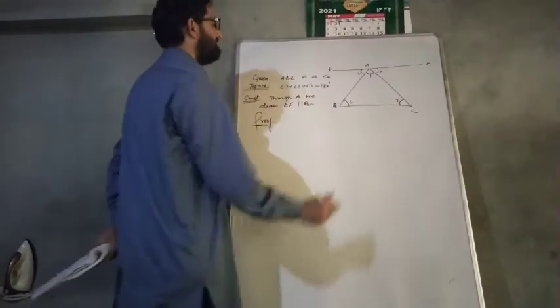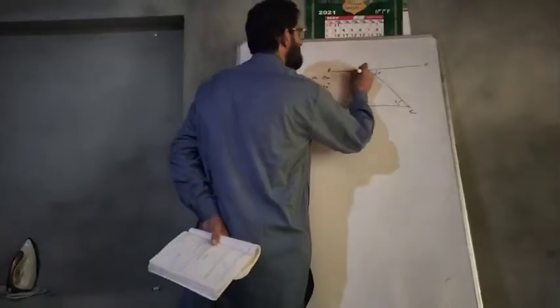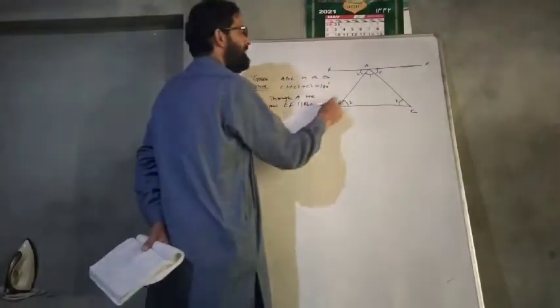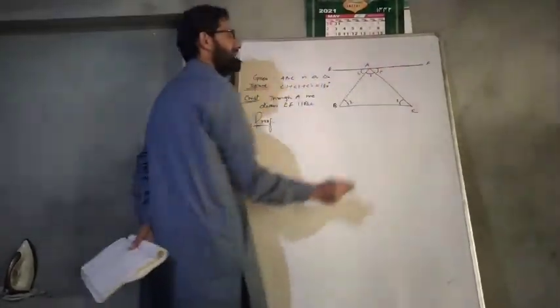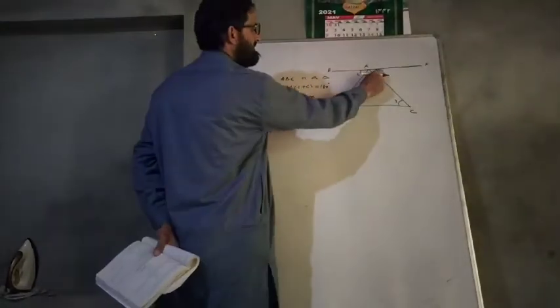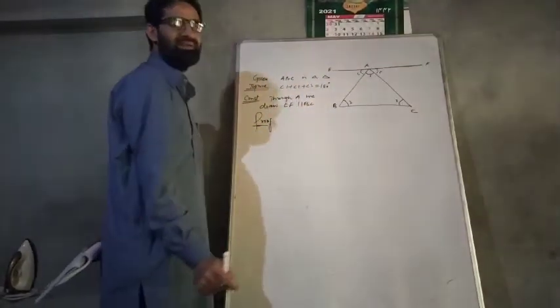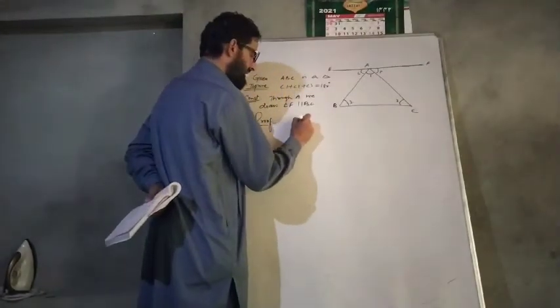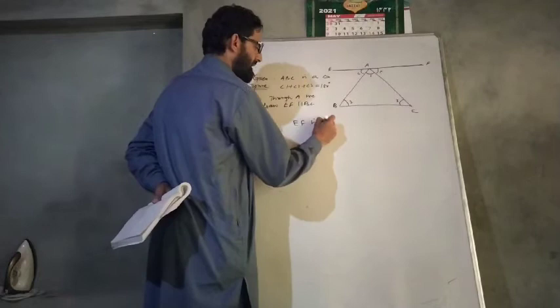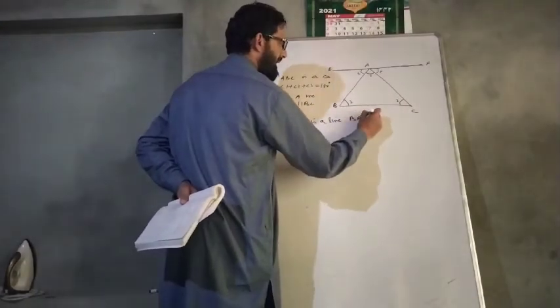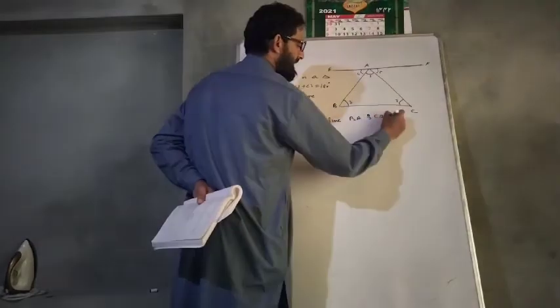Now see, EF is a line segment, BA and CA stand on it. Therefore, angle 4 plus angle 1 plus angle 5 is equal to 180. You know it. We can write here: EF is a line segment, BA and CA stand on it.